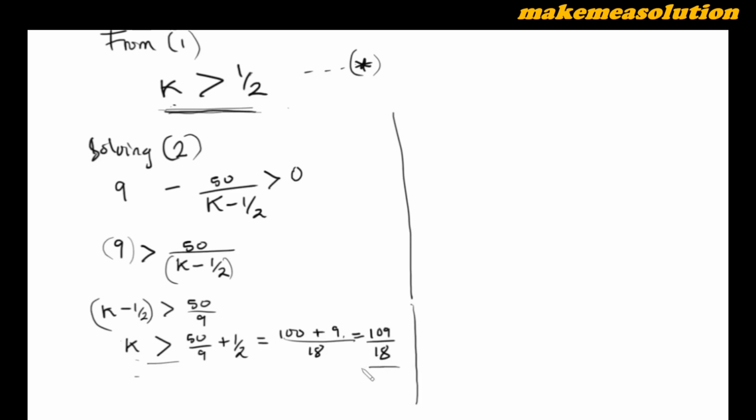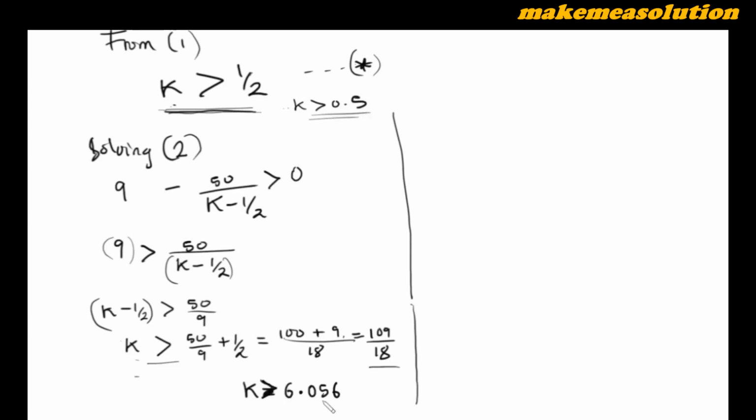We can actually evaluate 109 divided by 18 and see what it gives us, and that gives us 6.056 approximately.